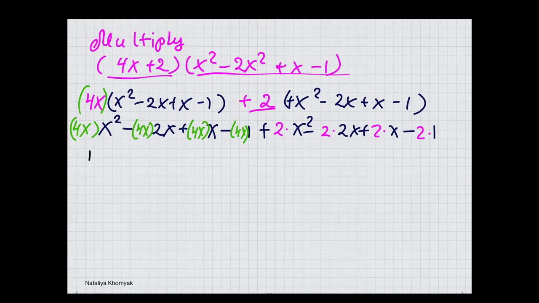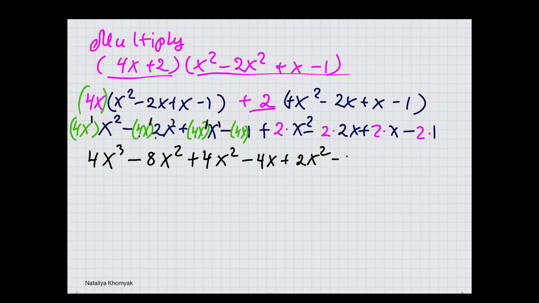So now we have 4, 1 plus 2, x to the third. 4 times 2, we have -8, 1 plus 1, x to the second, plus 4, 1 plus 1, x to the second, minus 4 times 1, 4x, plus 2x to the second, minus 4x, plus 2x, minus 1.